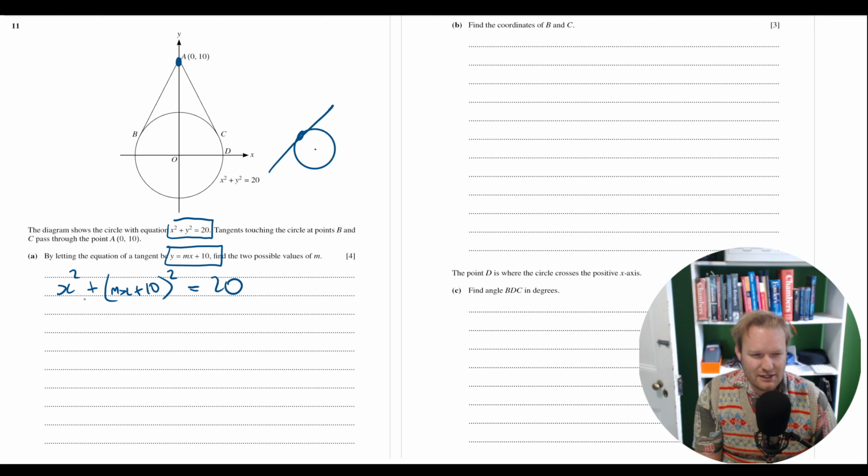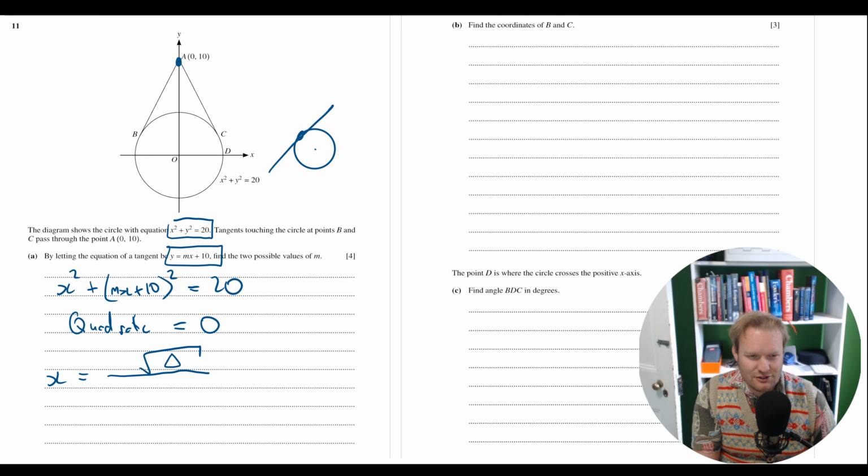In other words, wait a second, we're going to get a whole lot of stuff here. I can see that there's going to be an x squared. In other words, I can see some sort of quadratic coming along, right? So we've got our quadratic and we rearrange it. So quadratic equals 0. And if we were to solve that using the quadratic formula, of course, the thing that's interesting in the quadratic formula is the discriminant.